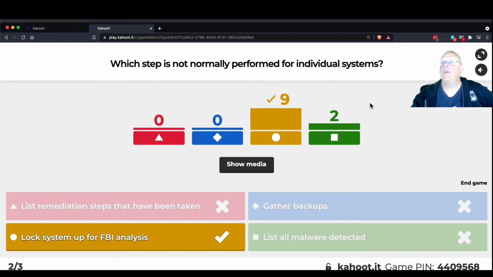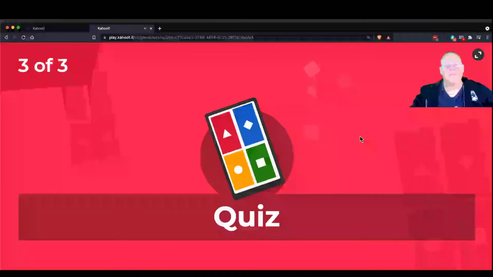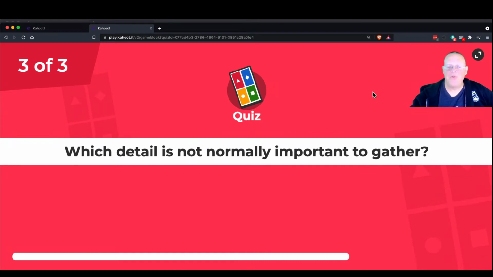So I've locked it up so the FBI can examine it. And I said, that's not a thing. And that was just some kind of lie to cover it up. Anyway, the FBI does sometimes get involved, but they don't care unless it's a huge amount of money or a critical national infrastructure matter affecting national security or something. If it's just a small college with an intrusion of some kind or a virus outbreak, then they can't be bothered with that, really. All right, what detail is normally not important?